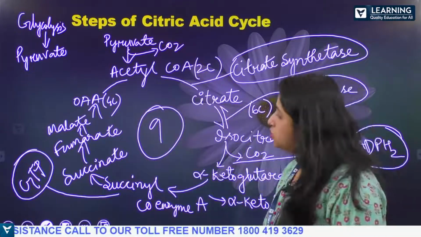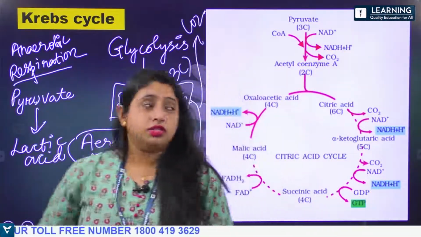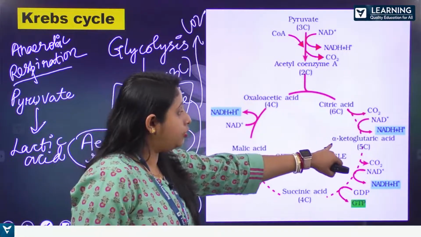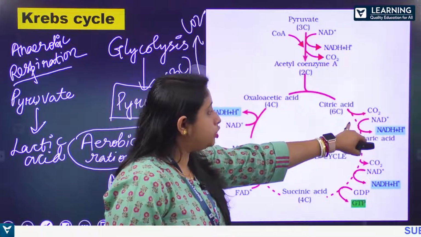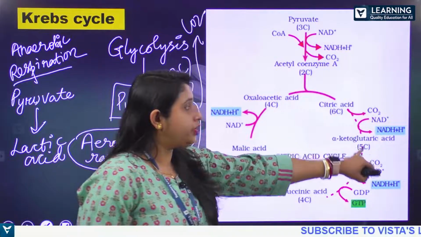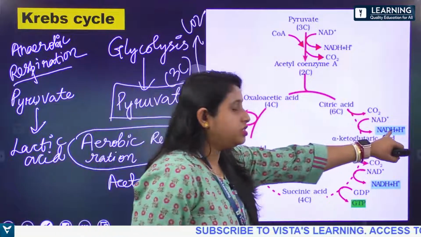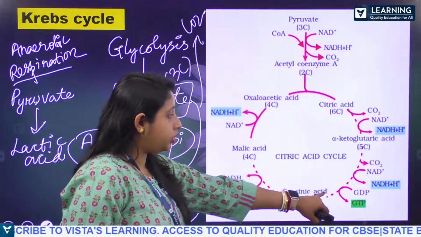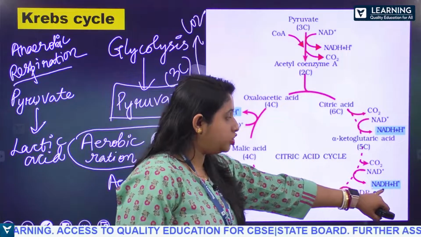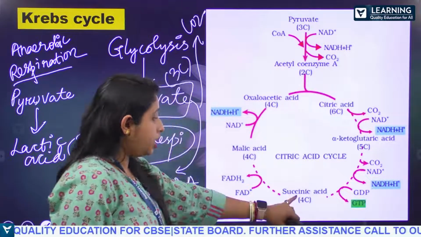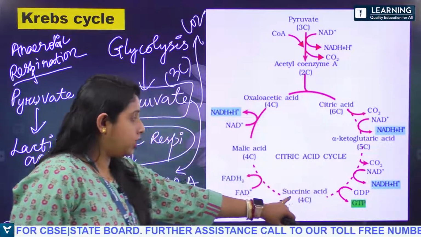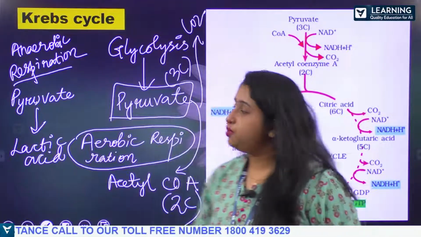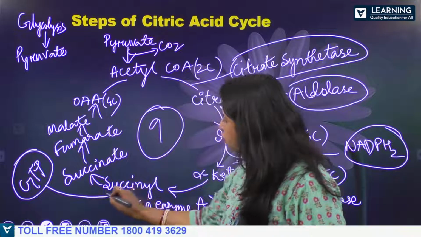All right, so look into this diagram. The citric acid, after that isocitrate, then alpha ketoglutarate. During the conversion of isocitrate to alpha ketoglutarate, NADH plus H plus is formed. Now next, when alpha ketoglutarate got converted, one more NADH plus H plus is formed. When succinyl coenzyme A got converted into succinate, GTP is evolved during this step.